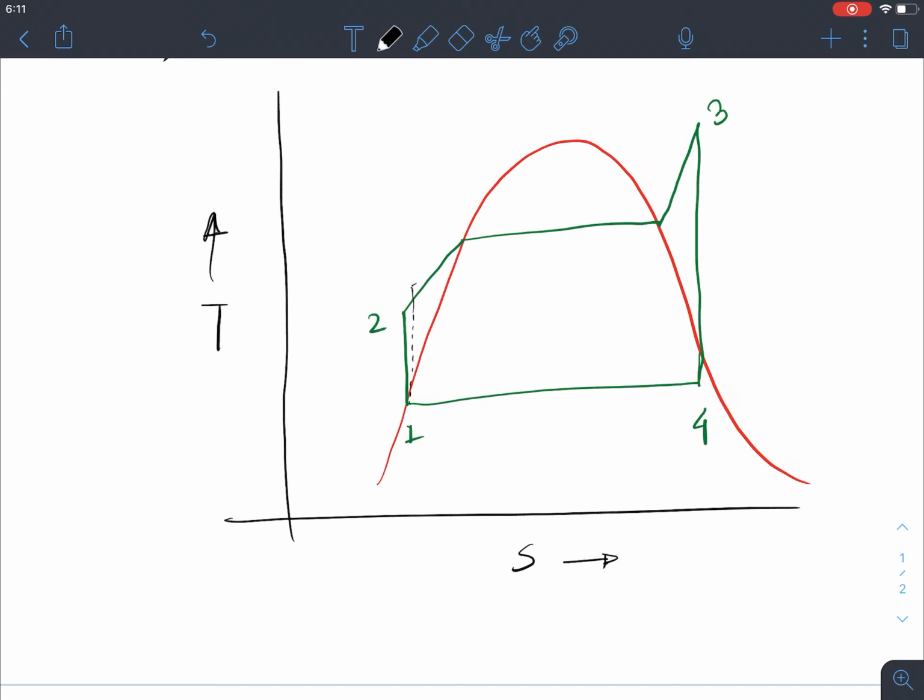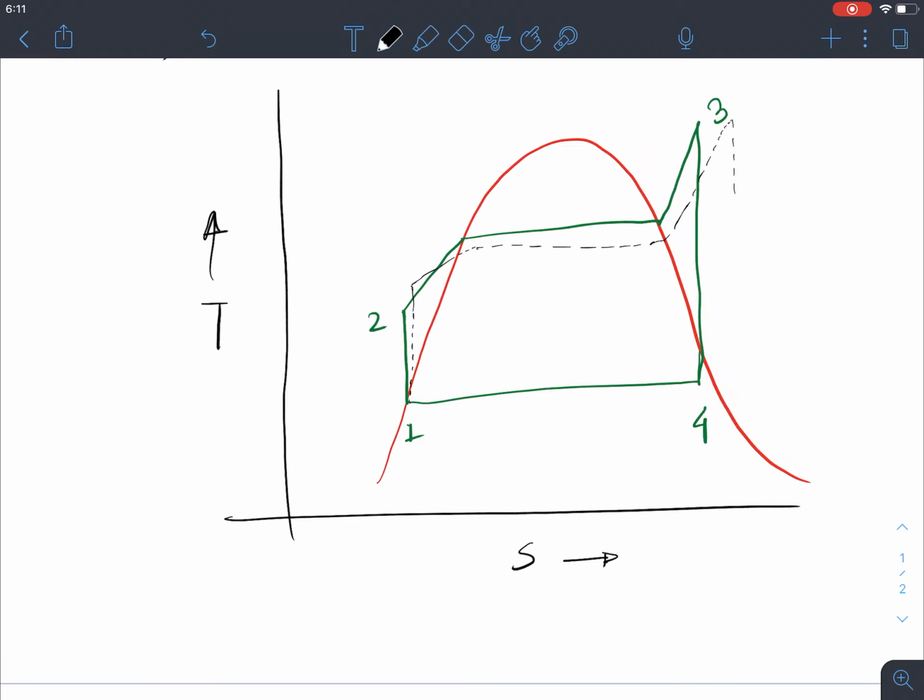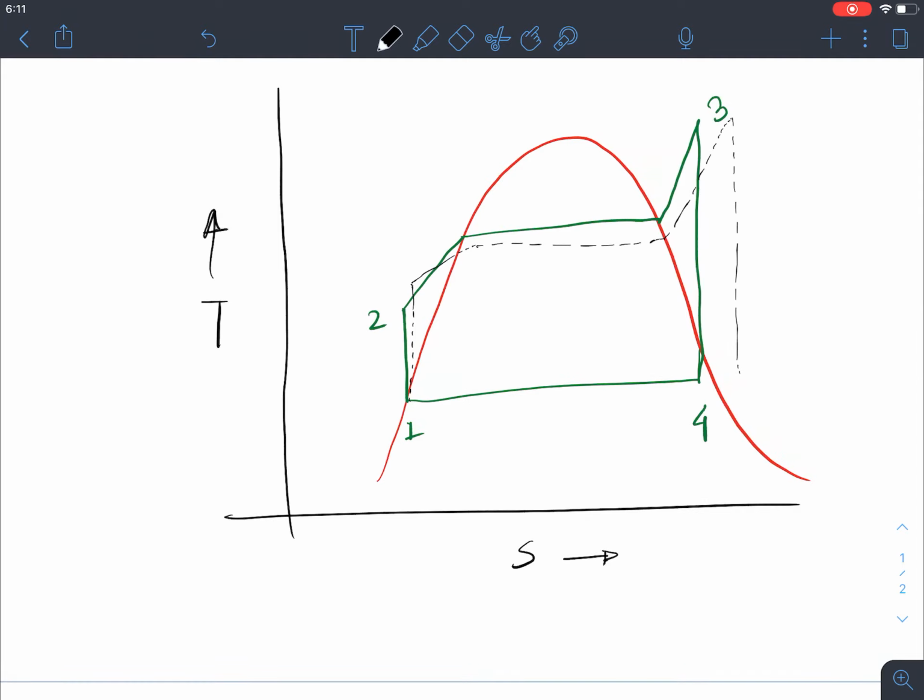And then in the boiler, it is not a constant pressure process, so the pressure drops slightly. However, we can reach the same temperature. When the turbine is expanding the vapor, due to the irreversibility of the turbine, point 4 is not exactly on the saturated line.